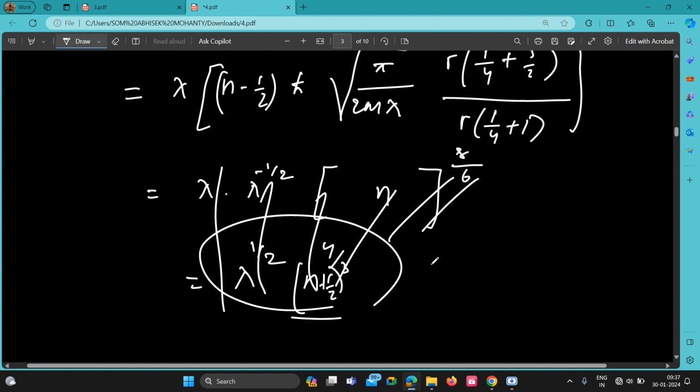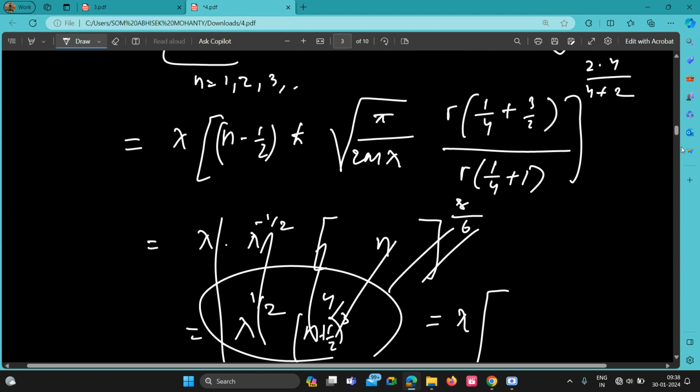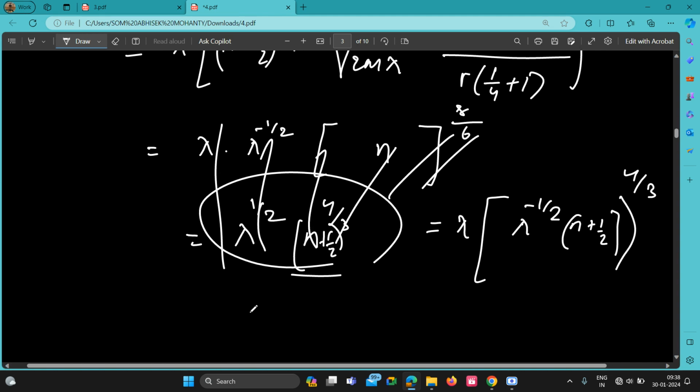Wait, see here, lambda is minus 1 by 2 inside, but there is also the outer lambda, right? Lambda times lambda to the minus 1 by 2, whole thing to the power 4 by 3, then n plus half to the power 4 by 3. So that will also be counted. I made a mistake there. Lambda into lambda to the minus half into 4 by 3.